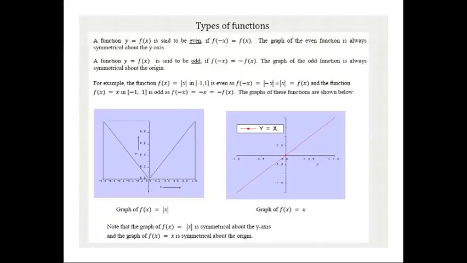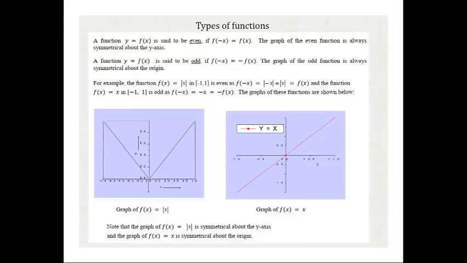Next, types of functions. We can divide the functions into different types based on different categories or different conditions. Here basically we'll consider two types of functions, even function and odd function.